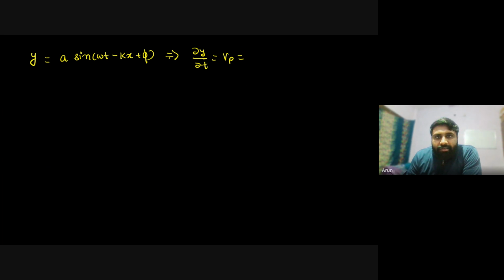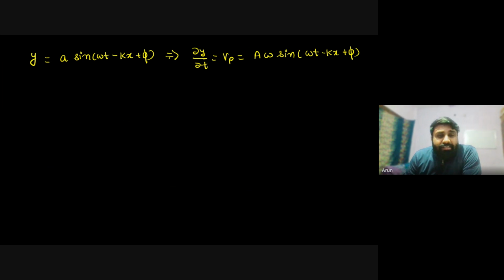Now, one thing which is important here: the displacement y is a sine omega t minus kx plus phi. From this equation, del y by del t represents the particle velocity Vp, which is a omega cos omega t minus kx plus phi.